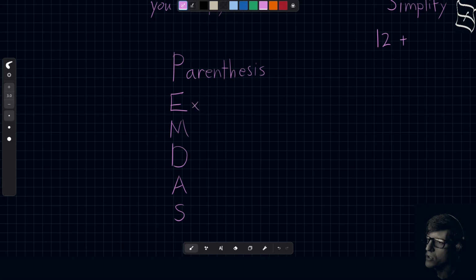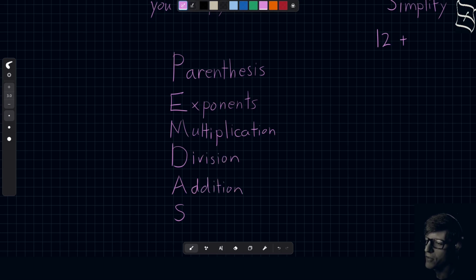Then we go to exponents. And these are the order in which we solve things. Then we have multiplication. Then we have division. Then we have addition. And finally, we have subtraction.